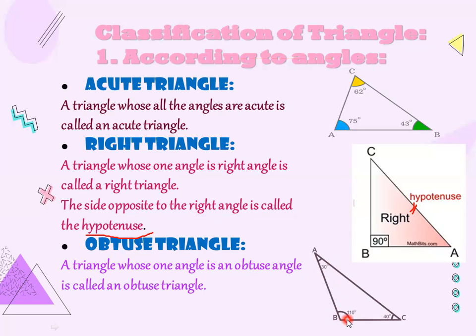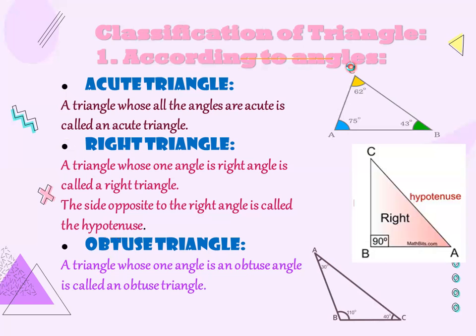So one angle is an obtuse angle, right? So if a triangle has only one obtuse angle, you will say that this triangle is an obtuse triangle. So these are the types of triangle according to angles.